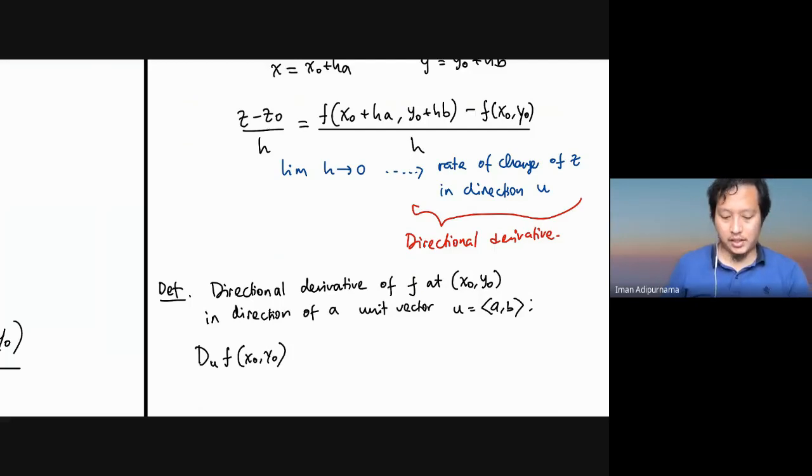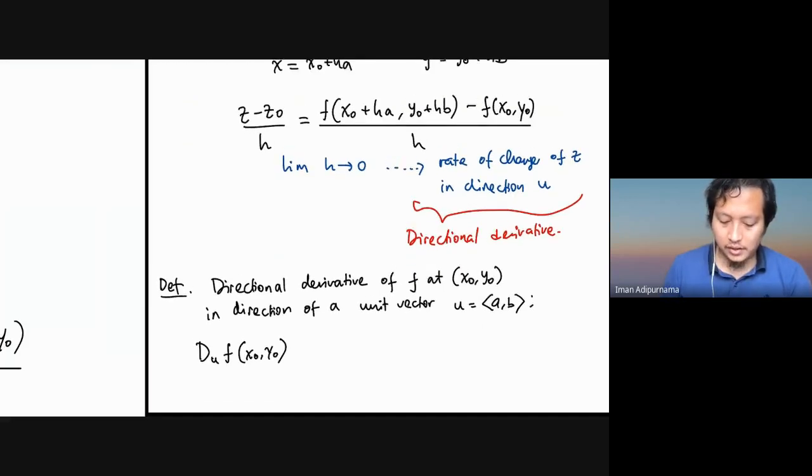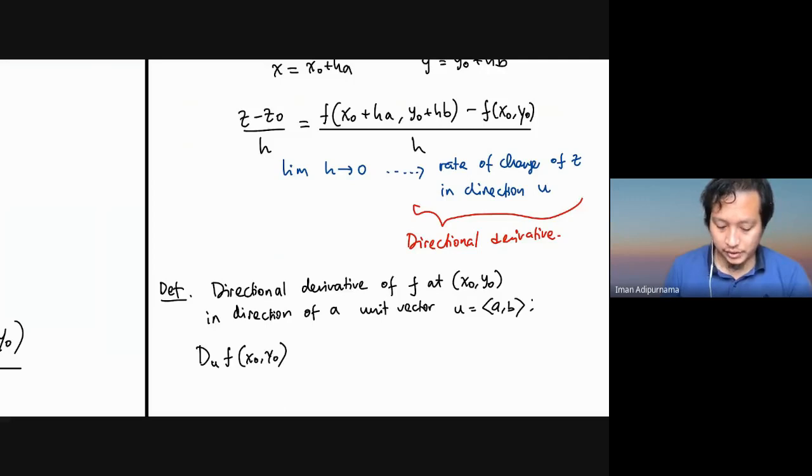You have D and then u, since unit vectors are usually denoted with u. So D_u f is the directional derivative in the direction of the unit vector u of a function f.